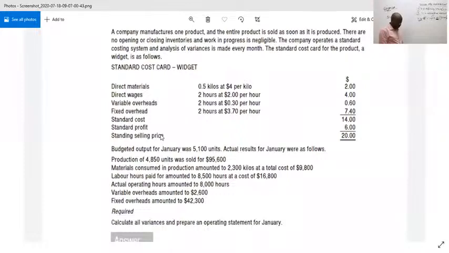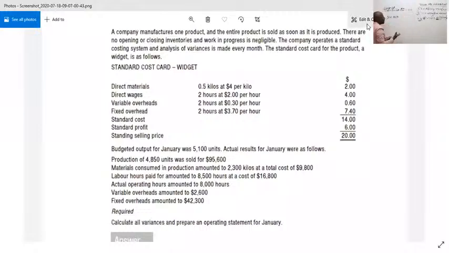Variable overheads, we have 2 hours at $0.3 per hour, giving us 0.6 at the corner there.